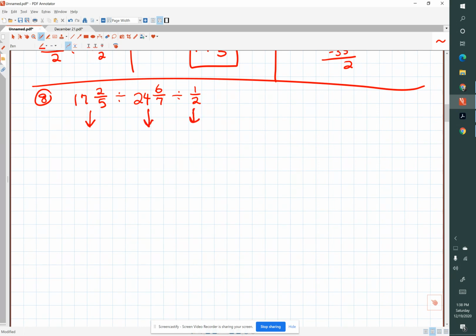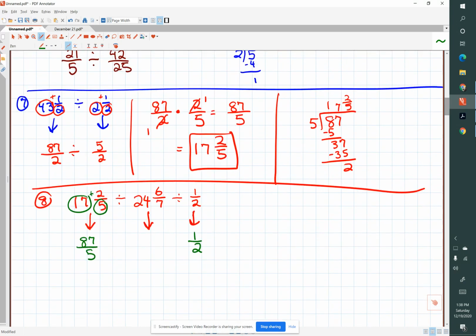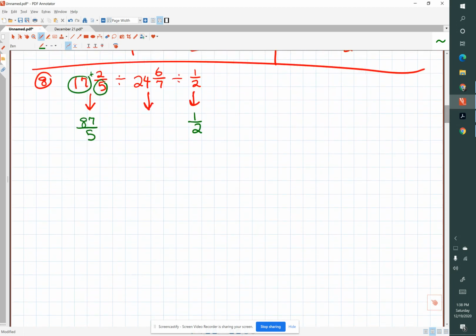So our 1/2 will stay the same. So 17 times 5 is 85, plus 2 is 87 over 5, which we can see if we go back to this problem. See, that's what we had for it before. Now, 24 and 6/7. So we know our denominator will be 7.